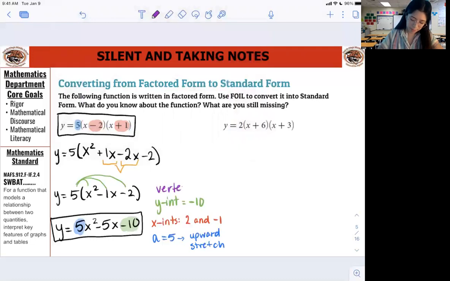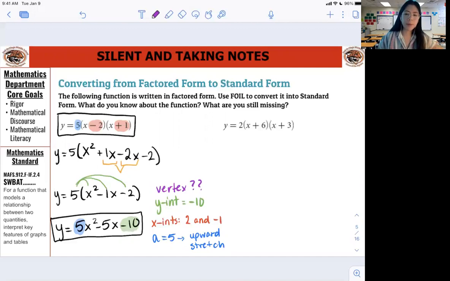We still don't know the vertex, but what can I do to find the vertex? Turn it into vertex form. We don't have a strategy for that yet, so not that, but there's something else. You can try the formula for the vertex. Yeah, we have a formula.